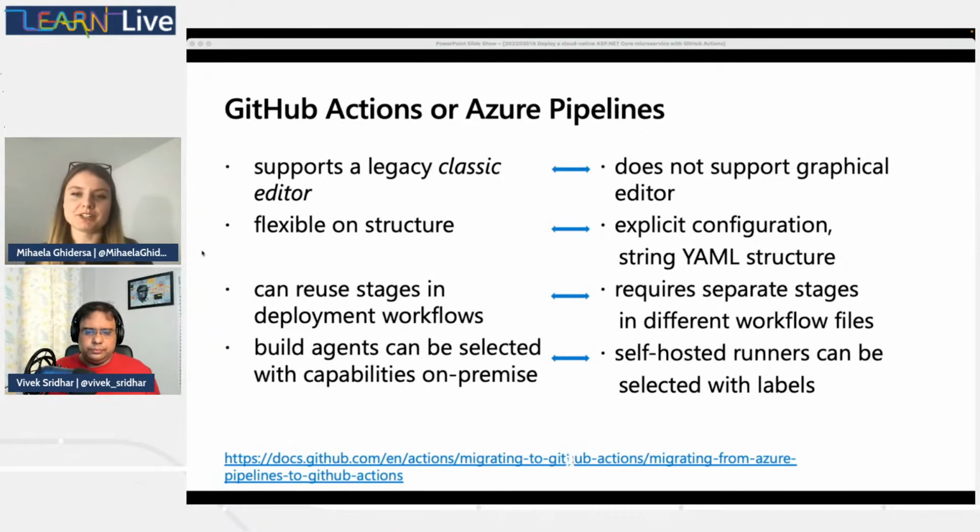Well, when we are discussing GitHub Actions, we have to create those files for each. Last, maybe it is important to know that GitHub Actions have self-hosted runners that can be selected with some labels. And on Azure Pipelines, on premises, you can use build agents with certain capabilities.